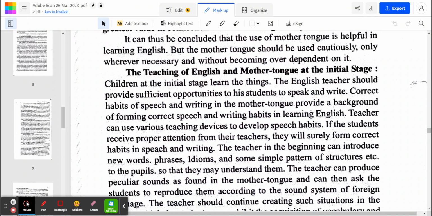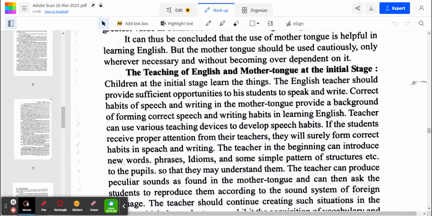The teacher can use various teaching devices to develop speech habits. If the students receive proper attention from their teacher, they will surely form correct habits in speech and writing. The teacher in the beginning can introduce new words, phrases, idioms, and some simple patterns of sentences to the pupils, so that they may understand them.